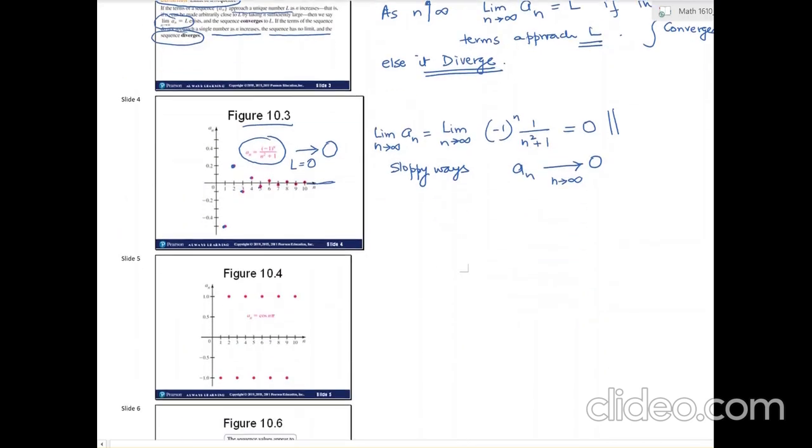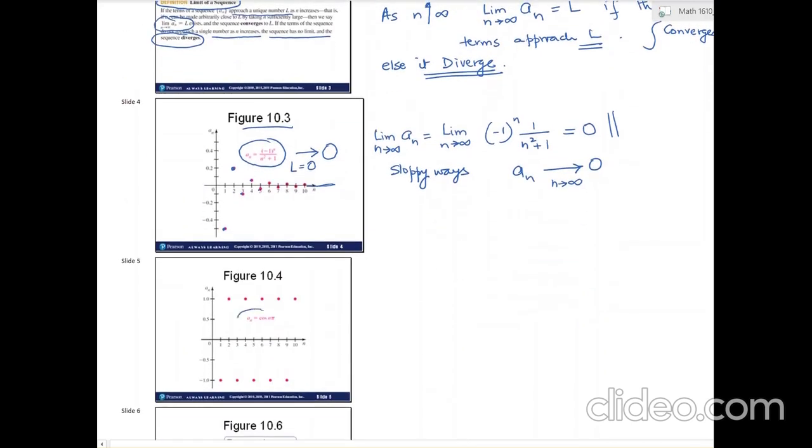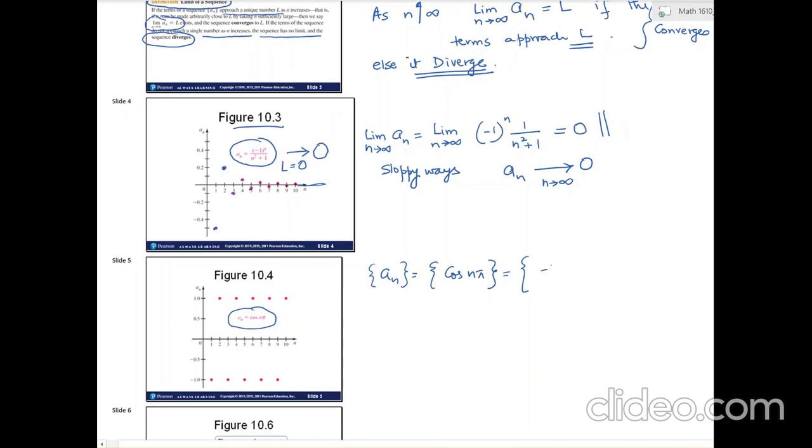Let's look at another example. So here we have a sequence an, which is cosine of n pi. Now clearly, as n starts from 1, first you would get negative 1, and then when n is 2, you're going to get 1, then n is 3, you're going to get negative 1, and then 1, and so on.